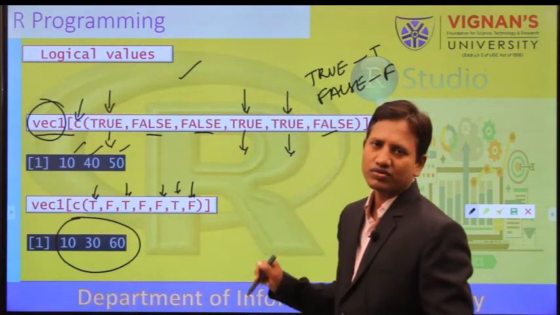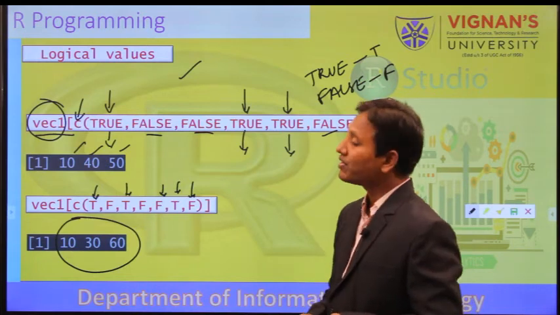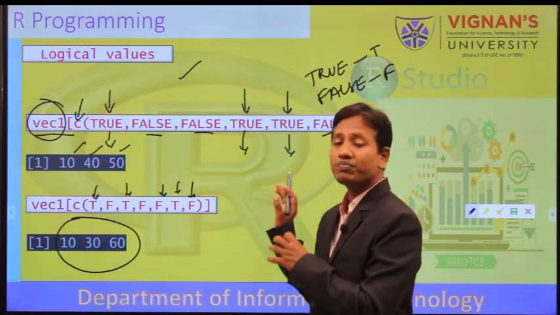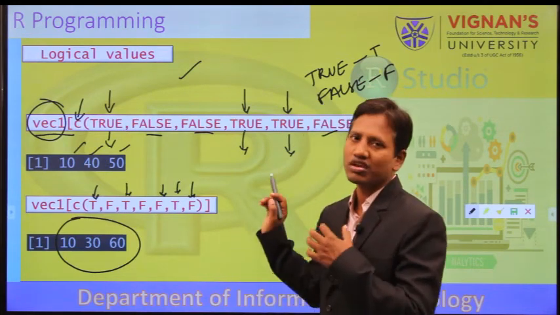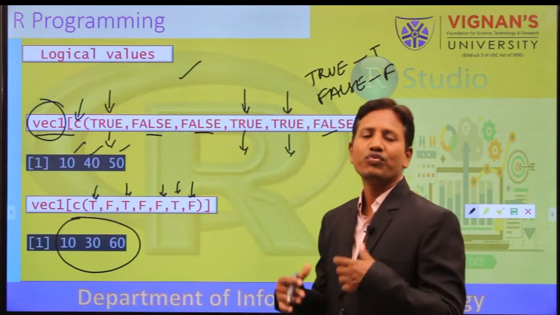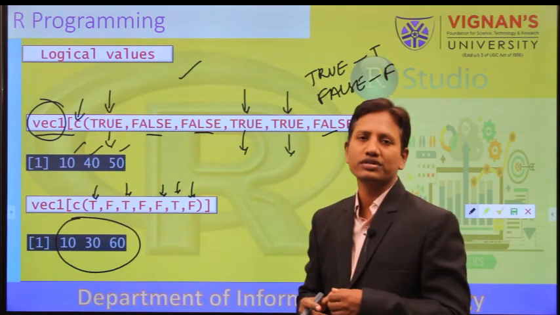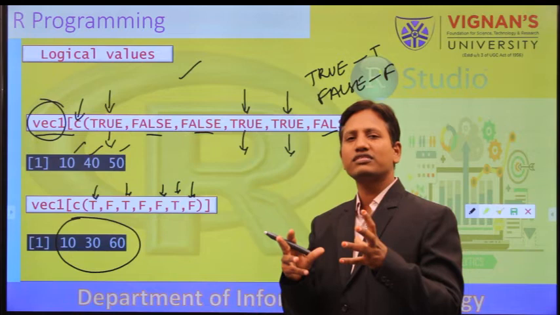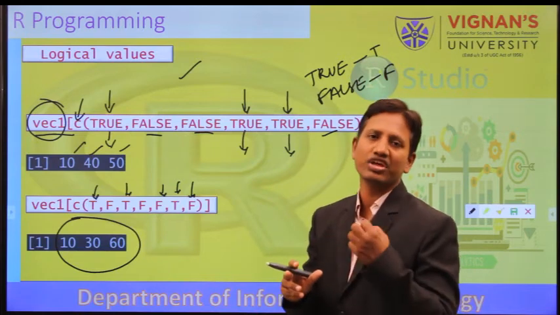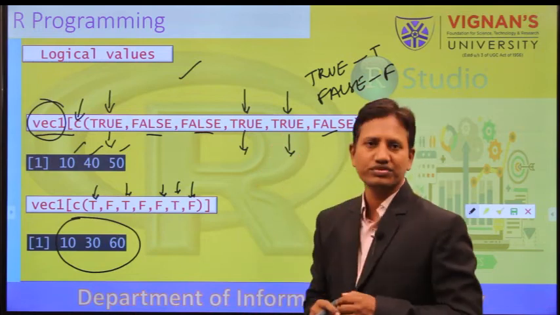So this is how we can use logical indexing. We are going to see more practical usage of these logical values in the 3rd unit, where we are going to use logical operators and Boolean operators, and how these operators generate a sequence of logical values.